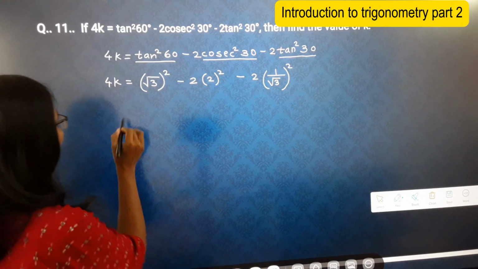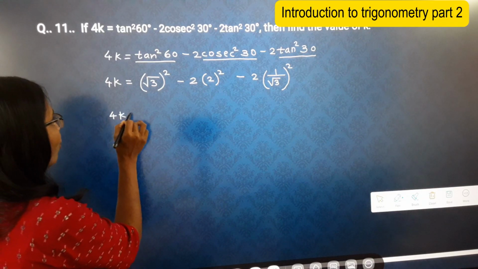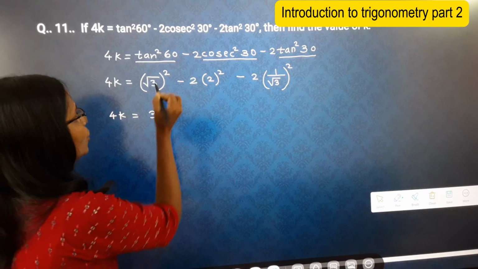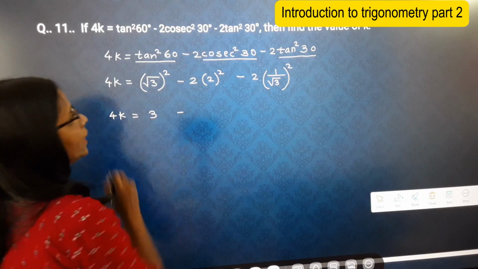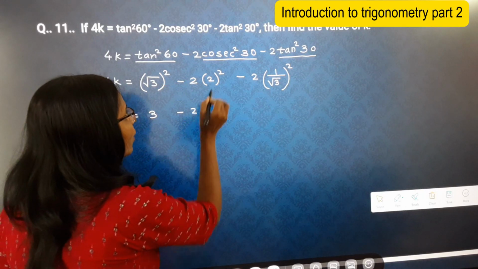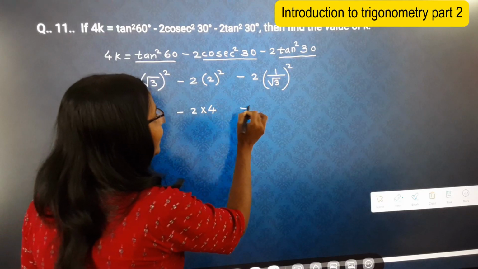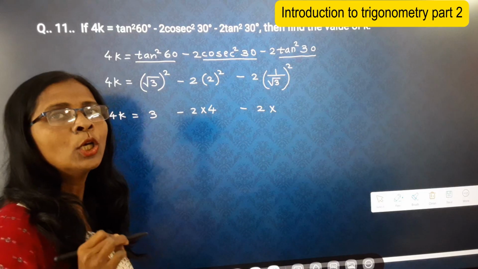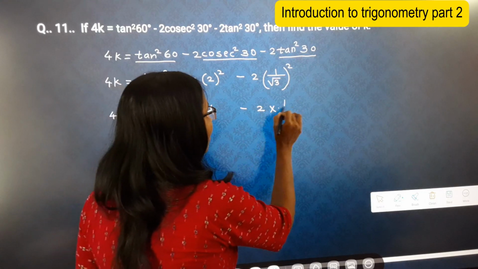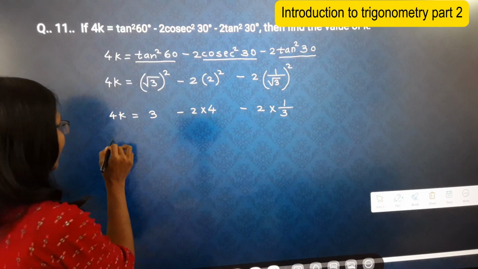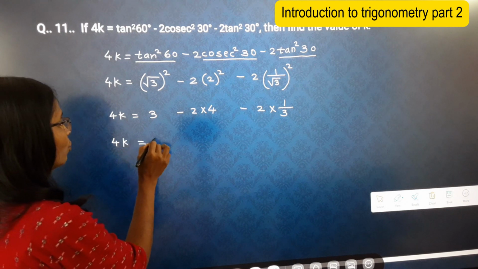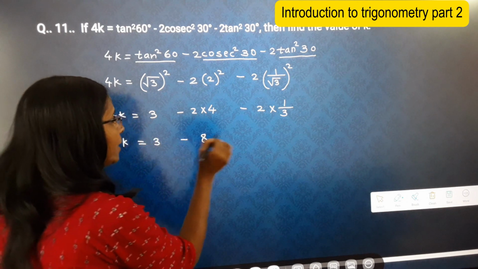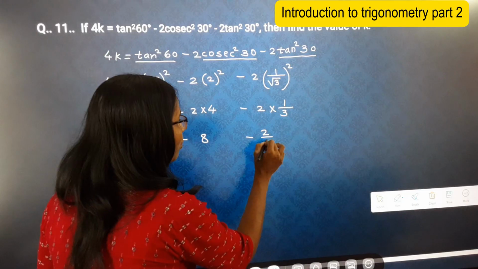So now here students, we simplify this. 4k is equal to 3, since square of root 3 means 3. Then square of 2 is 4, and 2 multiplied by square of 1 upon root 3, that is 1 upon 3. So now 4k is equal to 3 minus 8 minus 2 upon 3.